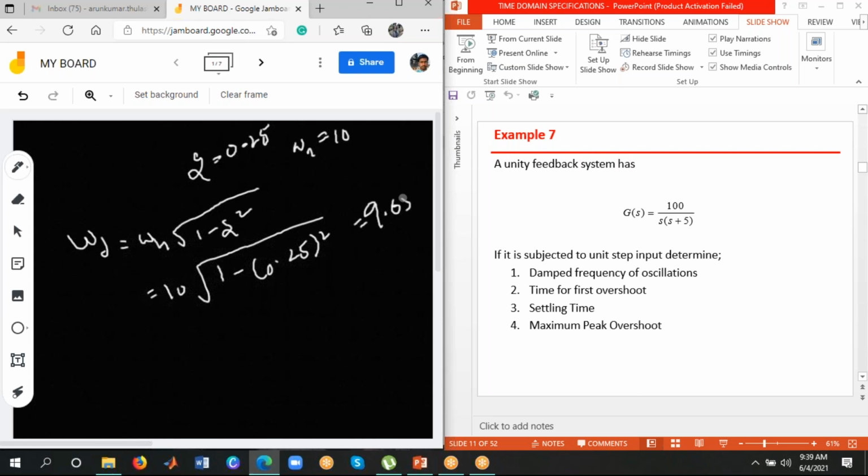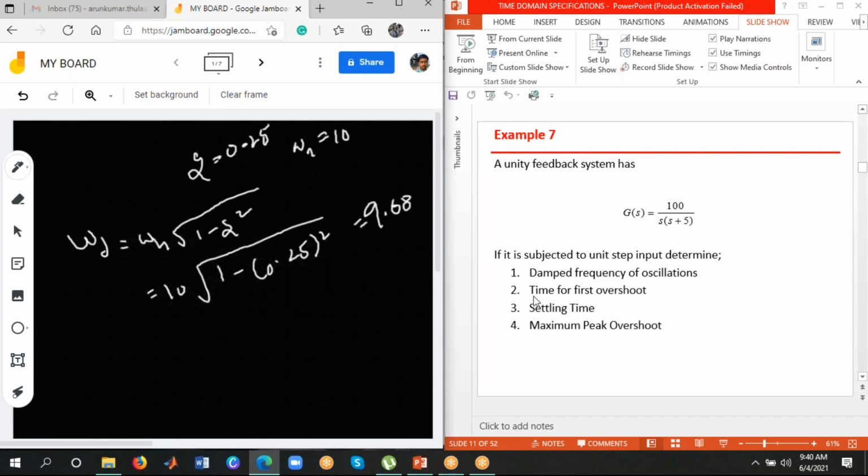Is it correct? 9.68, correct now. Okay, I think nobody has a calculator, so no problem.